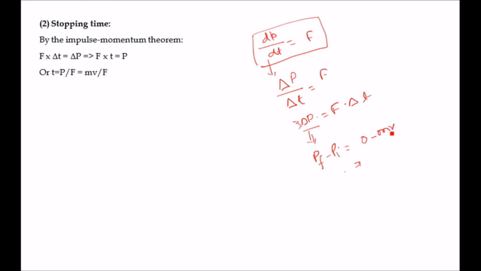Here also we write F with a negative sign, as it is a retarding force. So minus F into delta t is equal to minus mv, and delta t is t minus 0.